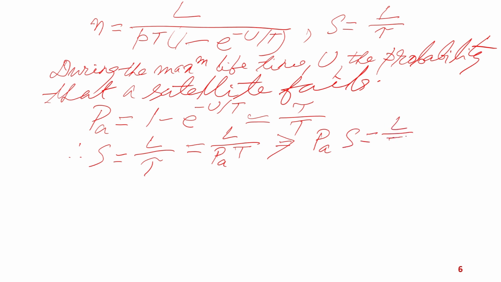We are writing this because finally we will put this in order to write the availability function in terms of L. So, it is the probability of the failure multiplied by the number of satellites, which will be equal to L by t.